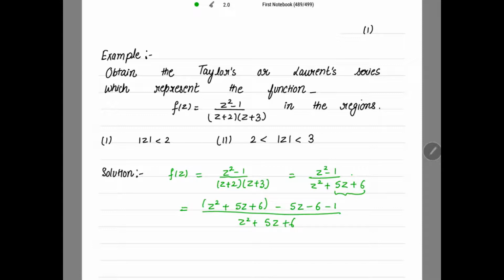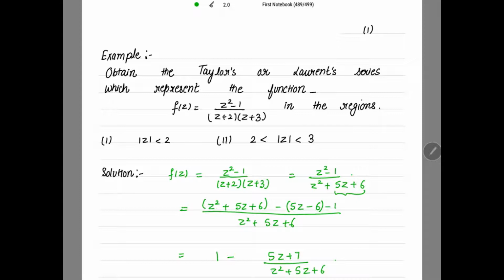If you separate, then you will get this to be equal to 1 minus (5z + 7), taking the minus sign common, over z² + 5z + 6.